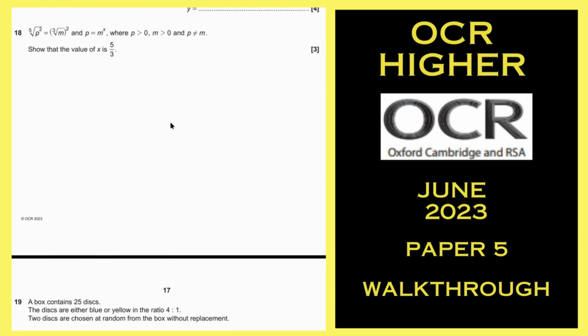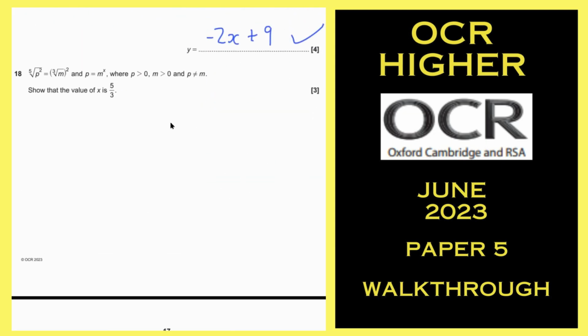Number 18, non-standard. Yep, in the way it's written. First thing I would do before I worry too much about its presentation, not a fan of radical notation. That means the surd symbol. Much prefer replacing. I'm going to write the p term as p to the power of 2/5.